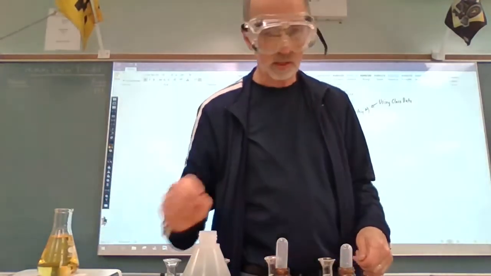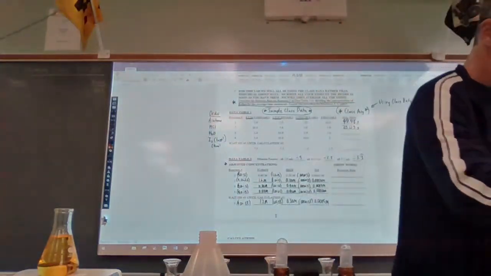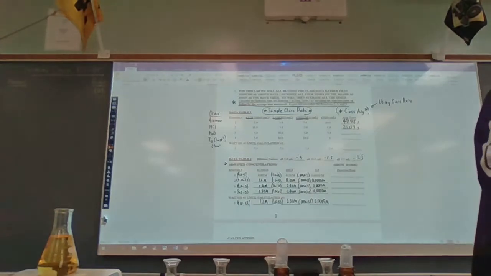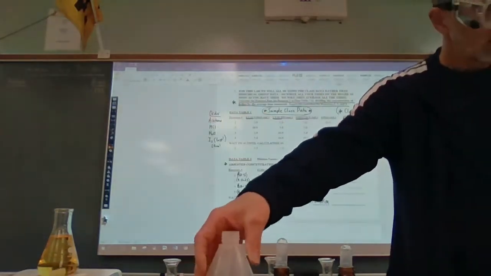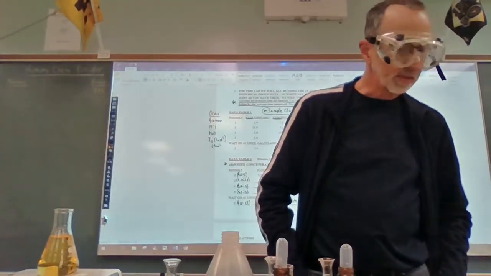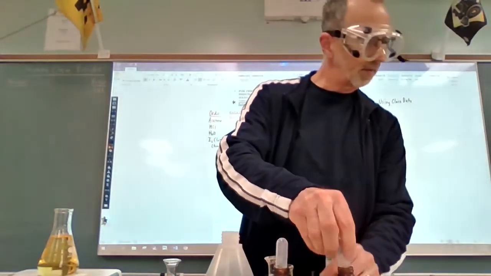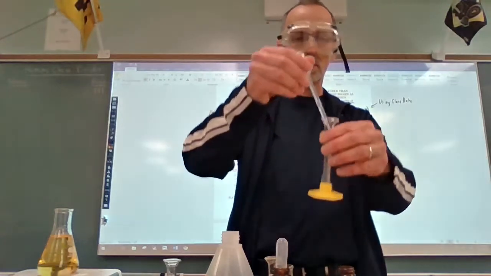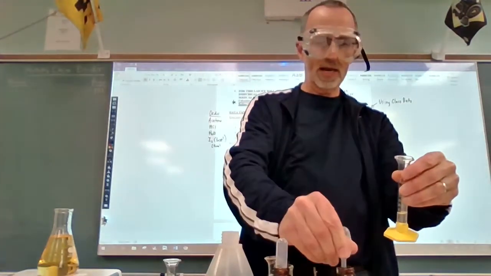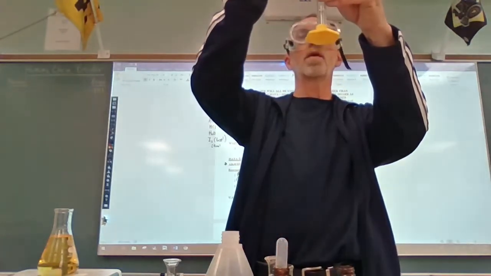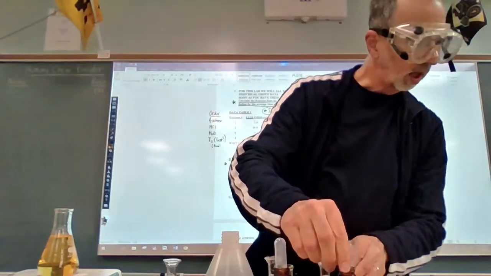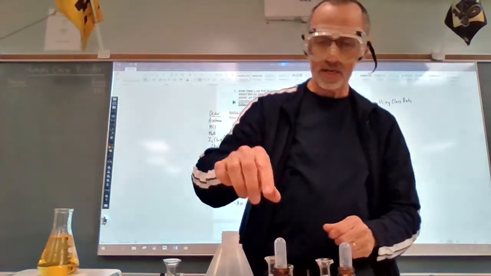Okay, we will clean this out, rinse it out, and get ready to run reaction 3. So now I just need 5 mLs of acetone. Back to 5. Okay. 10 mLs of HCl this time.